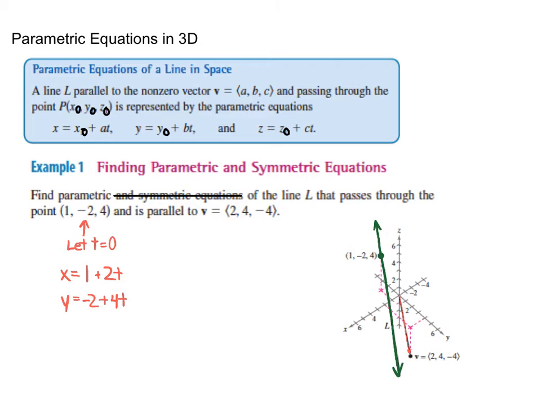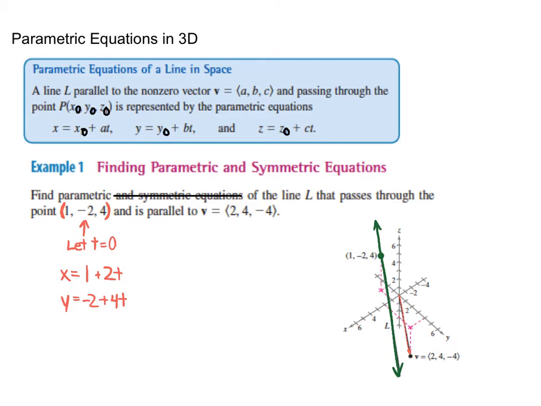I'm saying since this is the only point I know, I'm going to say that the time when I'm at that point is 0. So I'm going to use that as my starting point. Basically, whatever point you're given, use that as your starting point. They're all just 0 because A times 0 is 0, B times 0 is 0, C times 0 is 0. Yes, at this point. At this one point. But as I plug other times in, I'll get other locations.